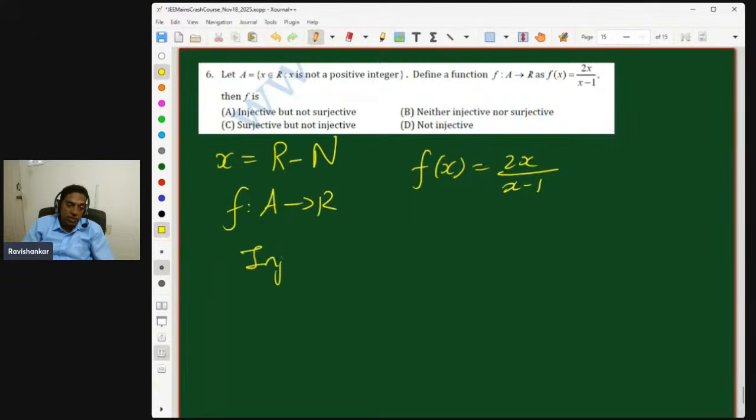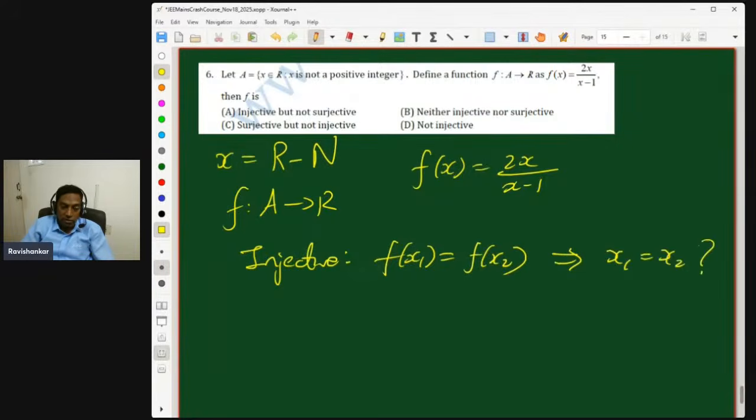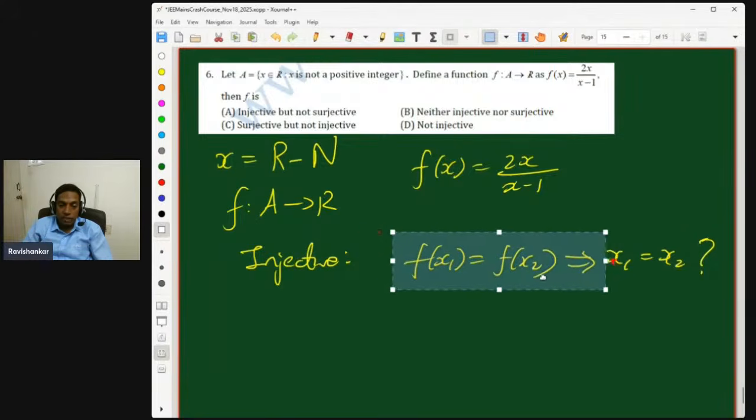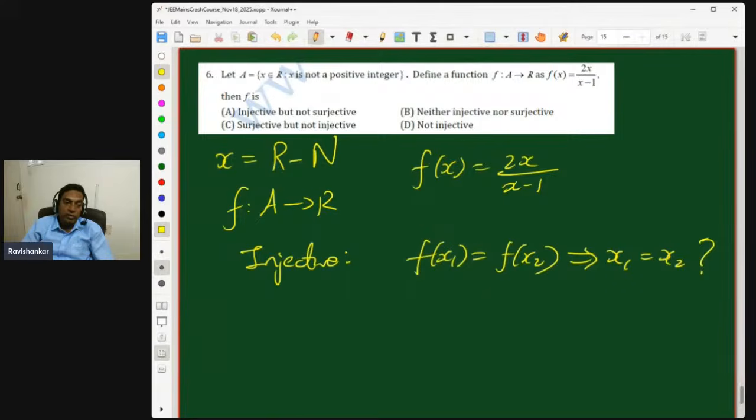So injective condition is f of x1 equals f of x2 implies x1 equals x2. This is the question. Or you should ask, does f of x1 equals f of x2 imply this?